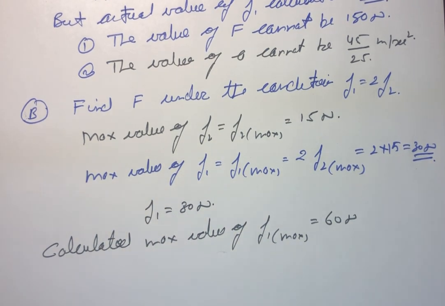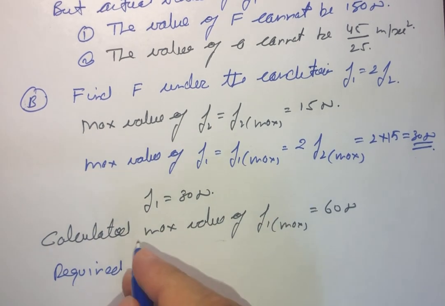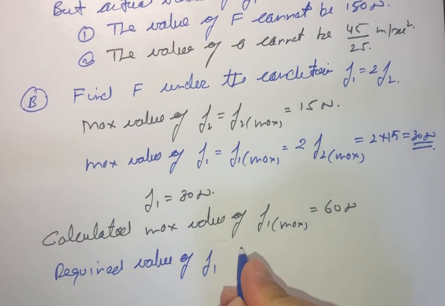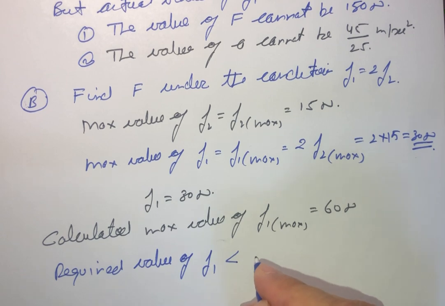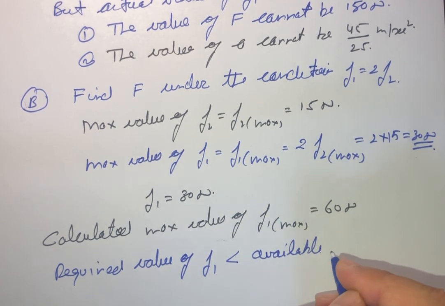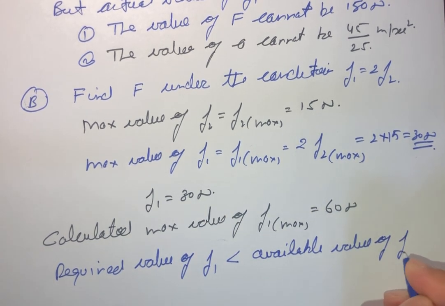Okay. From here we can say required value of friction, required value of F1 is less than available value of F1.